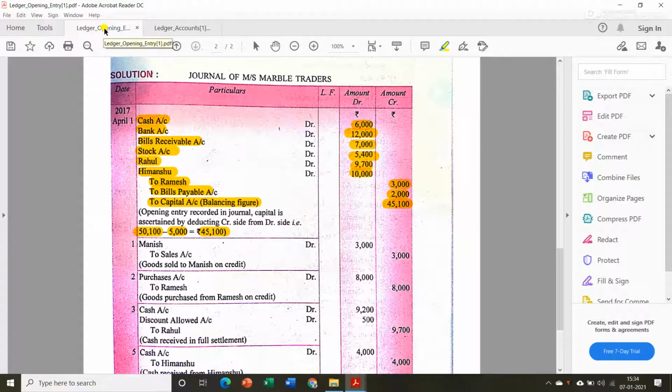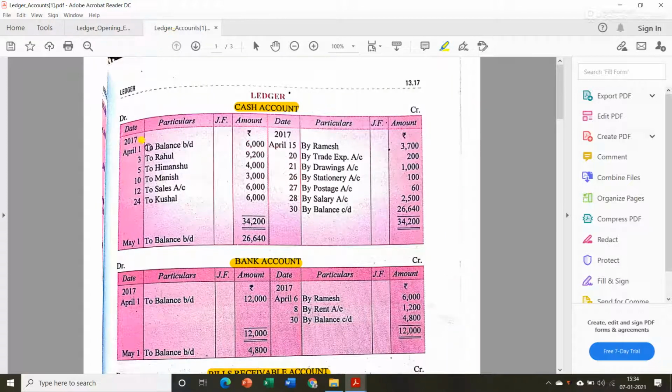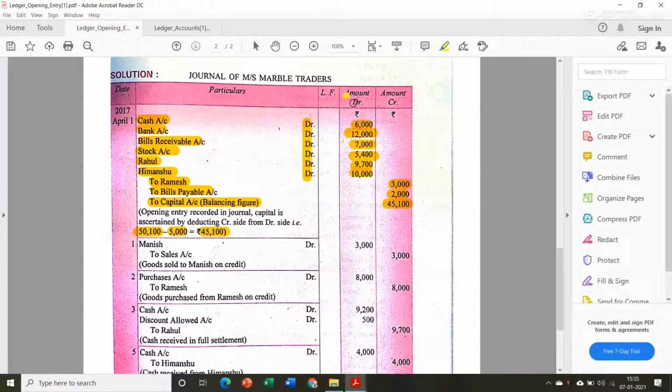The next thing you have to do is, on the debit side we have 6 items. All of these are showing debit balances. So we will write on the debit side 'To balance brought down', and the amount will be the same.